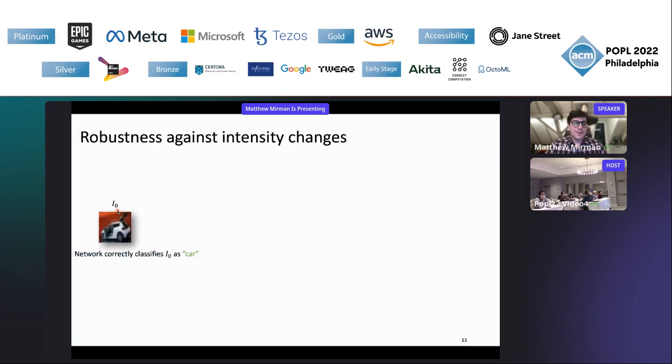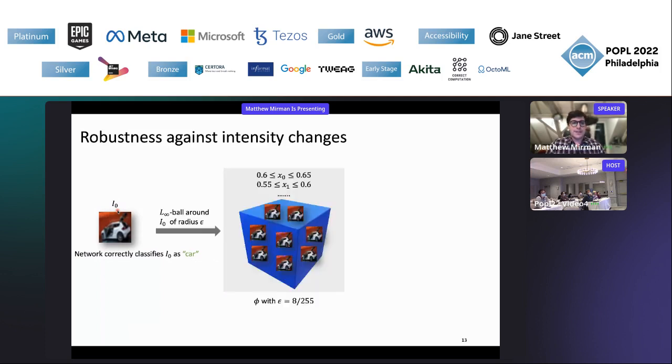So the first example of a specification that we can look at is inspired by the first types of attacks that were created. Imagine you have a neural network that correctly classifies this image, I naught, as a car. We want to be able to specify that every image near to this image, with respect to how the original types of attacks work, classify to the same thing as this image.